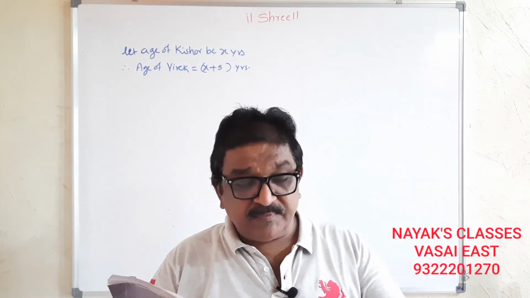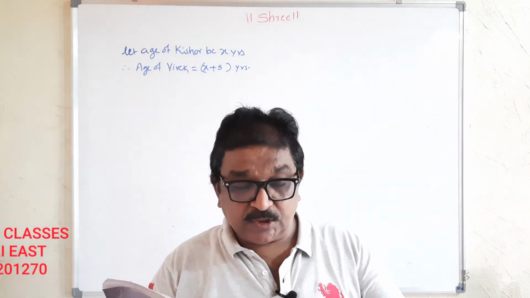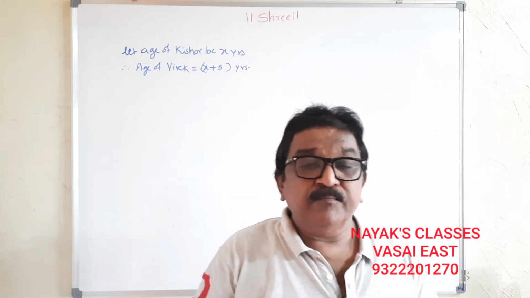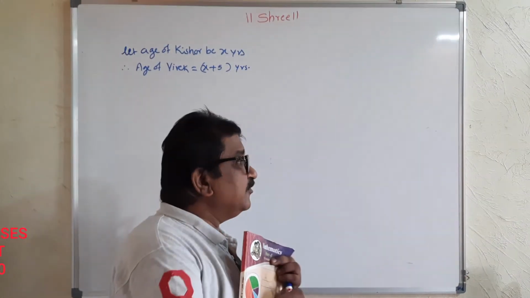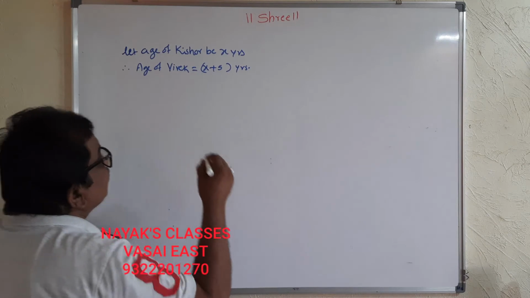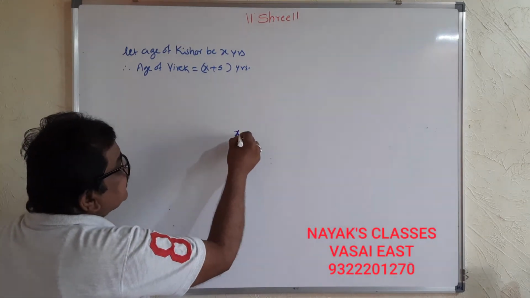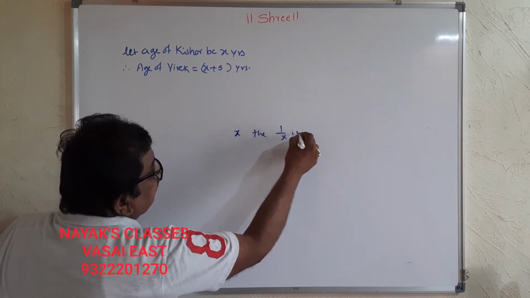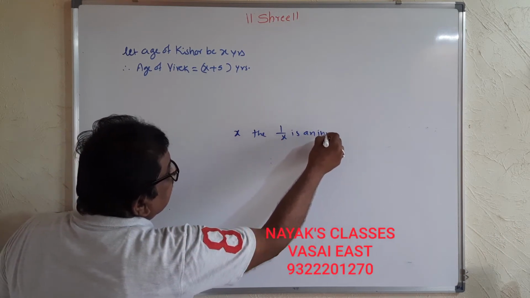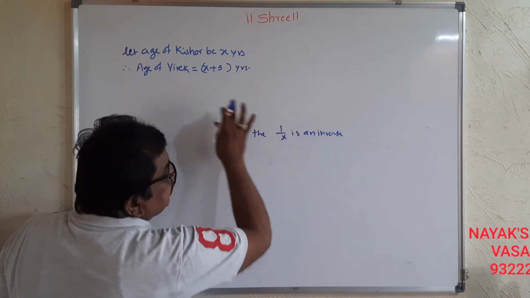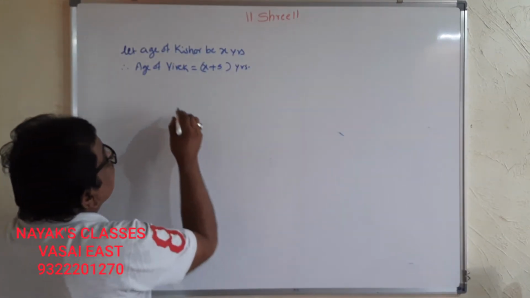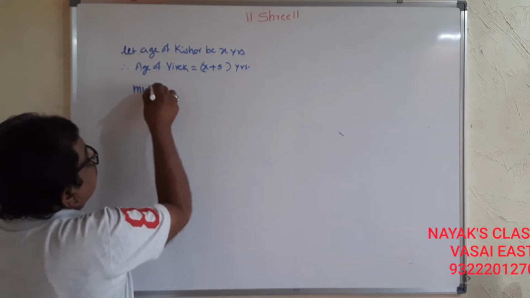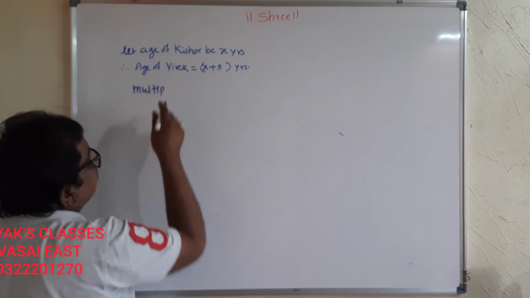the sum of the multiplicative inverses of their ages is 1 by 6. Multiplicative inverse means inverse. Suppose x is there, then 1 upon x is the inverse.